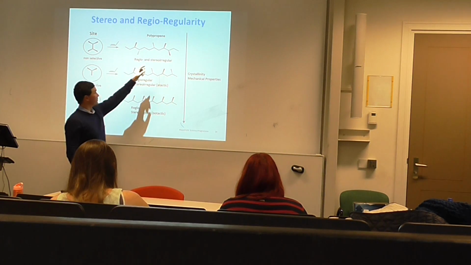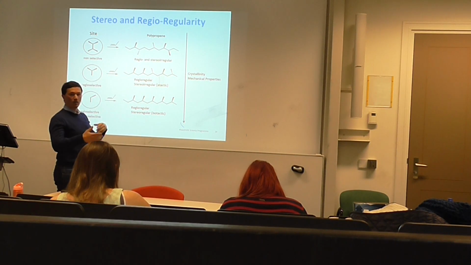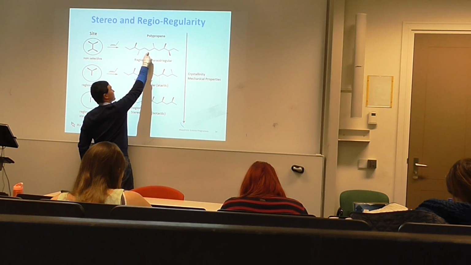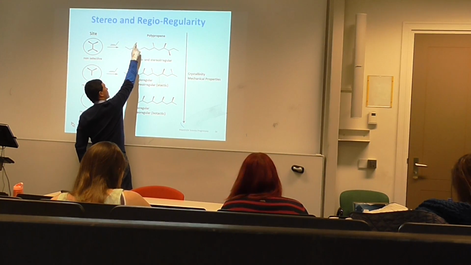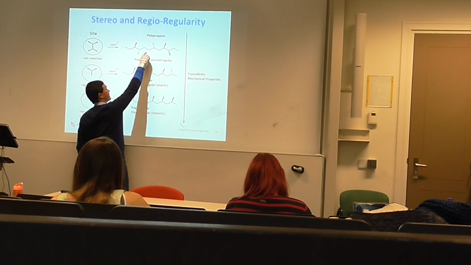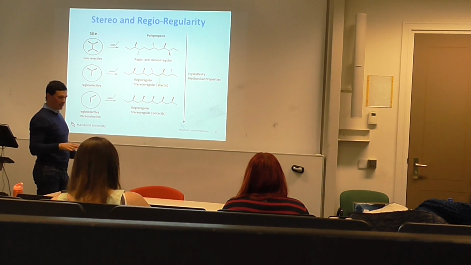This is more or less what happens. So your alkene will be once up, once down, or once R, once S, without any regularity. And you will have a 2-1 insertion. This is a 1-2 insertion. This is a 2-1 insertion. We will see later on in detail.